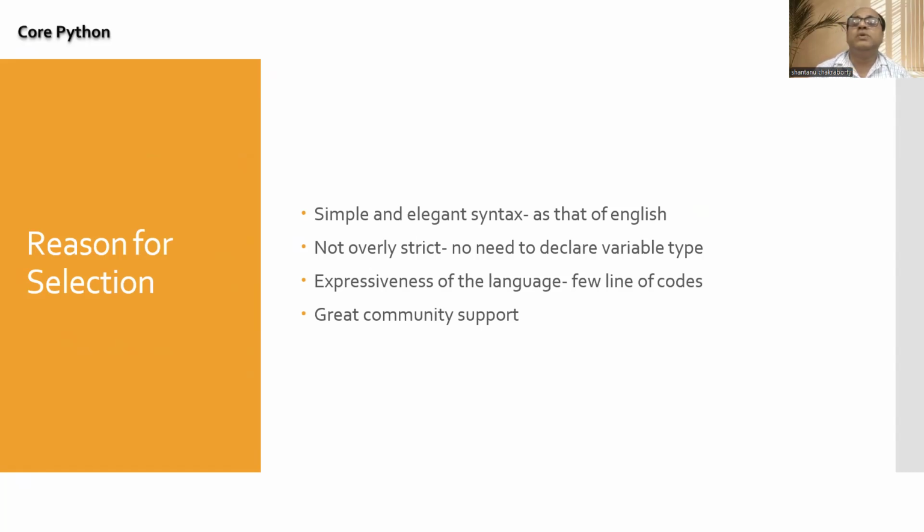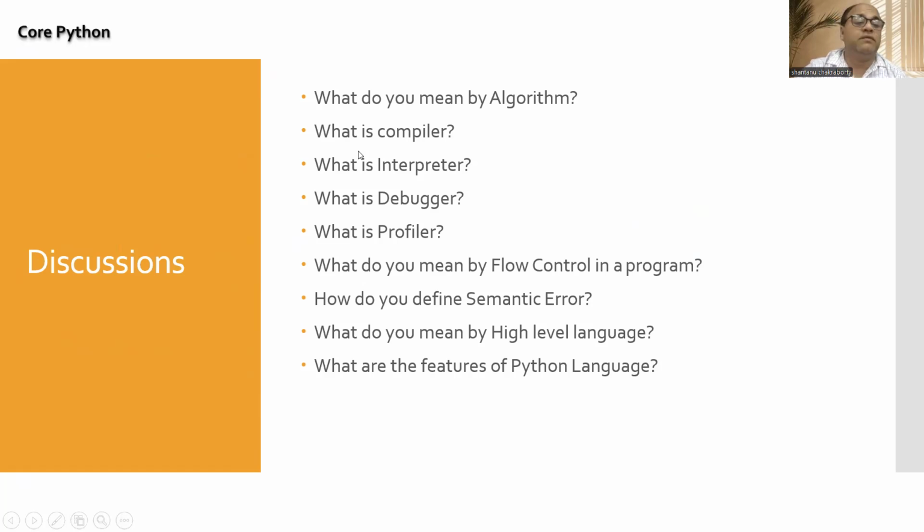And there's no need to declare a variable data type as we do in C and C++, if you remember, that we need to define a variable before we use it in our program. But Python is absolutely user friendly and you don't have to define a variable or its data type before using it in a program. And it is a very expressive programming language. You can write a lot of things in a few lines of code. So that is what makes Python very useful.